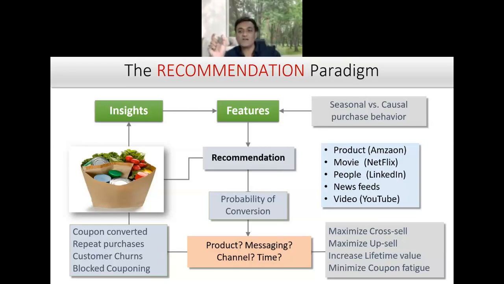If I'm buying a shirt, it will suggest I buy a pant also. That is again a cross sell. Another example is that if I'm buying a mobile phone priced at 30,000 rupees, Amazon may suggest a slightly higher, better model of another company. That is about maximizing the upsell of the particular business.